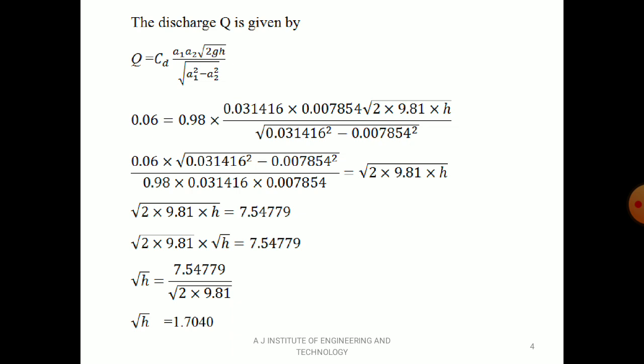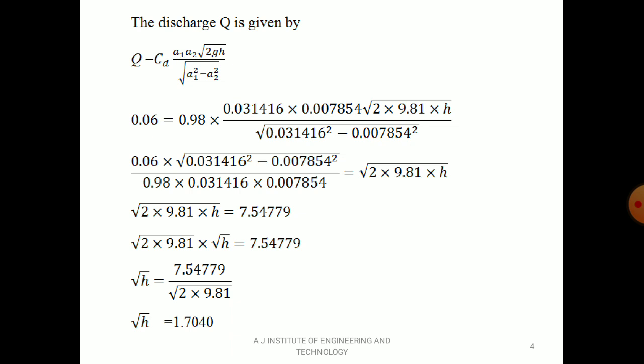We can make a rearrangement here. So 0.06 divided by 0.98 divided by 0.031416 into 0.007854 into square root of 0.031416 square minus 0.007854 square.